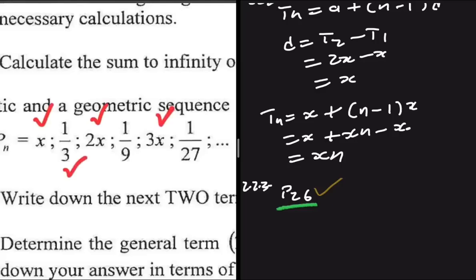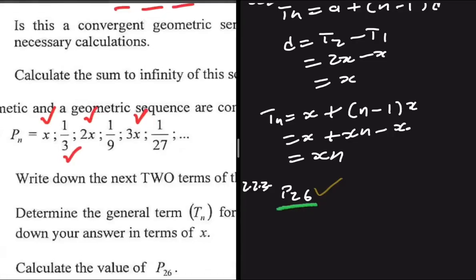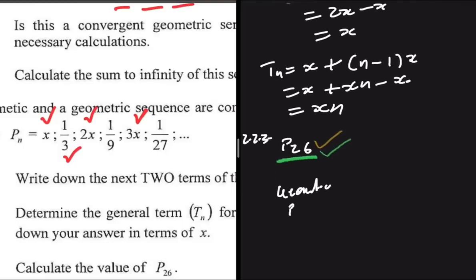So in position 26, we are going to have a term in the geometric sequence. Although the term is in position 26, in our geometric sequence it will be in position 13, because the other 13 positions are filled by the arithmetic sequence.